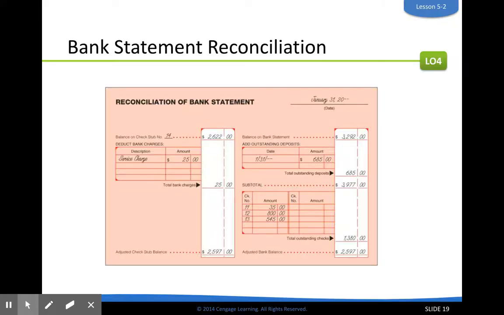So here is a bank statement. On the left side, think of this as what we have on hand, what we think we have on hand, and the right side is what the bank thinks. So based on check stubs on the left and based on the bank statement on the right. So it's starting out with the date. It's always going to be the date on the bank statement.